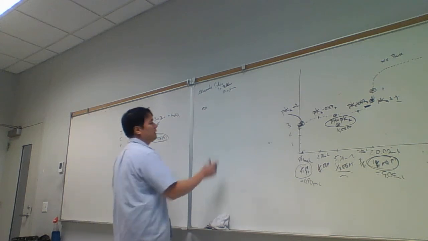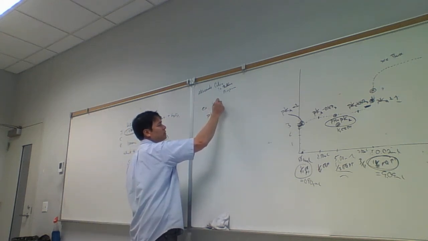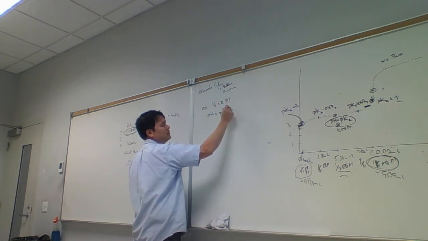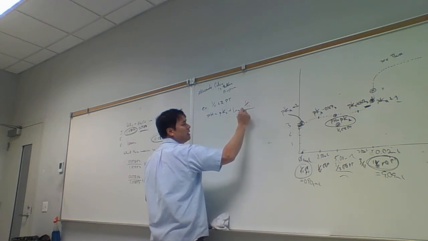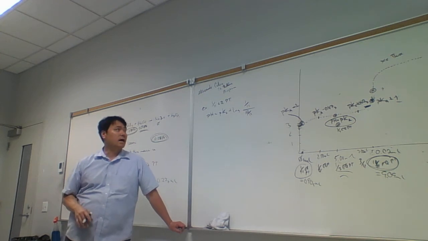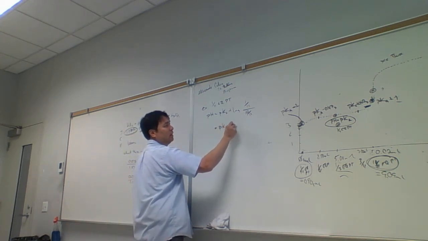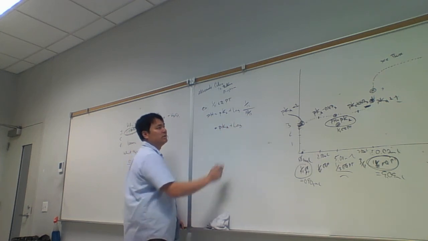Now, why does it come out that way? We just go straight to it. Let's go to the 1/11 equivalence point. If we go to the 1/11 equivalence point, the pH is equal to pKa plus the log. 1/11 neutralized, 10/11 unreacted acid. And so this is going to give me the pKa plus the log of what? 1/10.